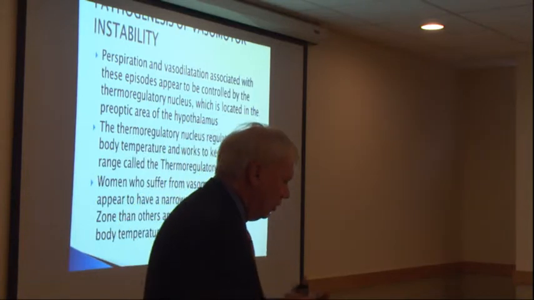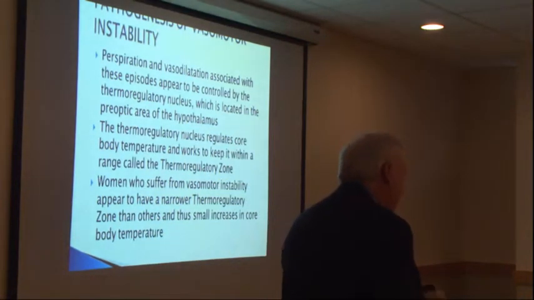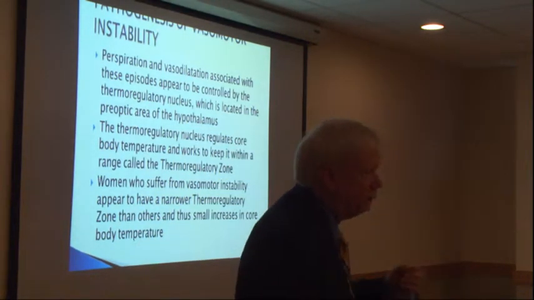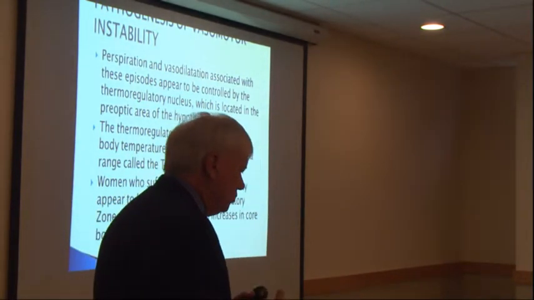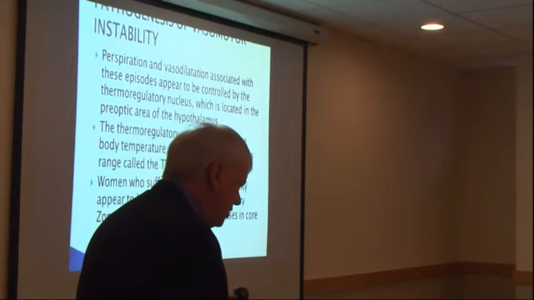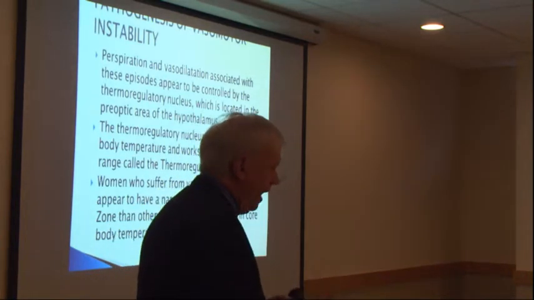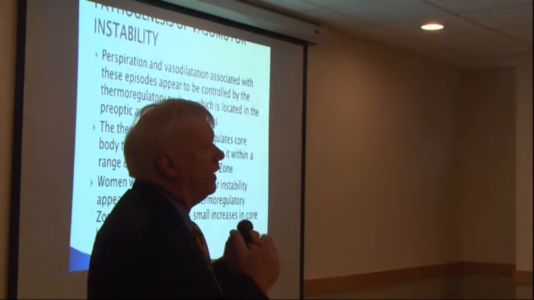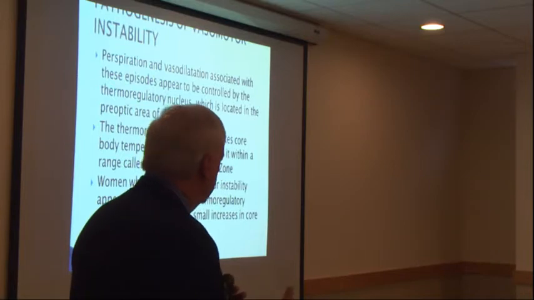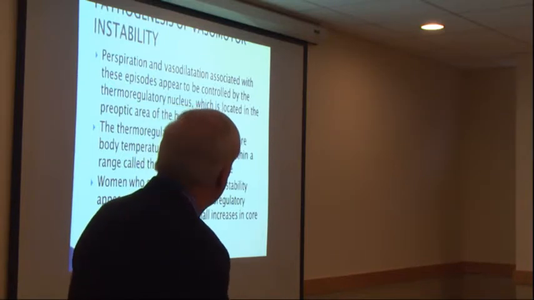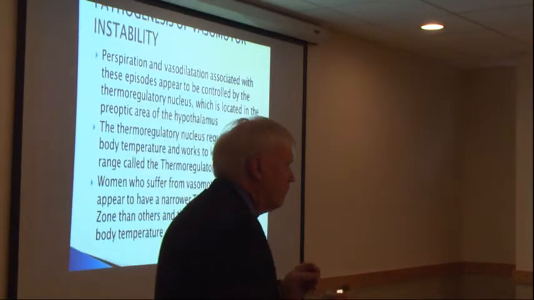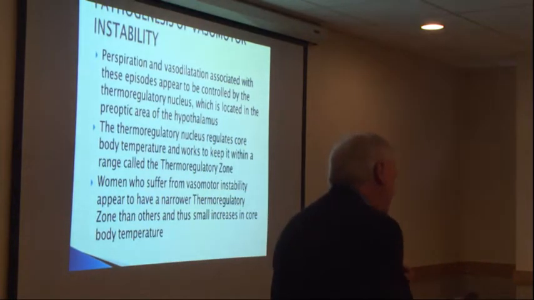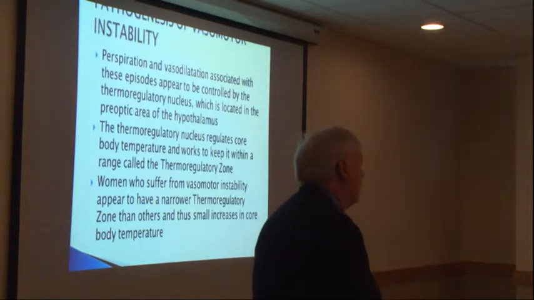He felt that this thermoregulatory nucleus was the seat of what would transpire. We fully understand that as people age, there are changes within the brain that occur at a biochemical level. We know that with the decreasing estrogen, there are some changes that we're going to talk about in a second, but that this thermoregulatory zone, for those people who are symptomatic, changes.